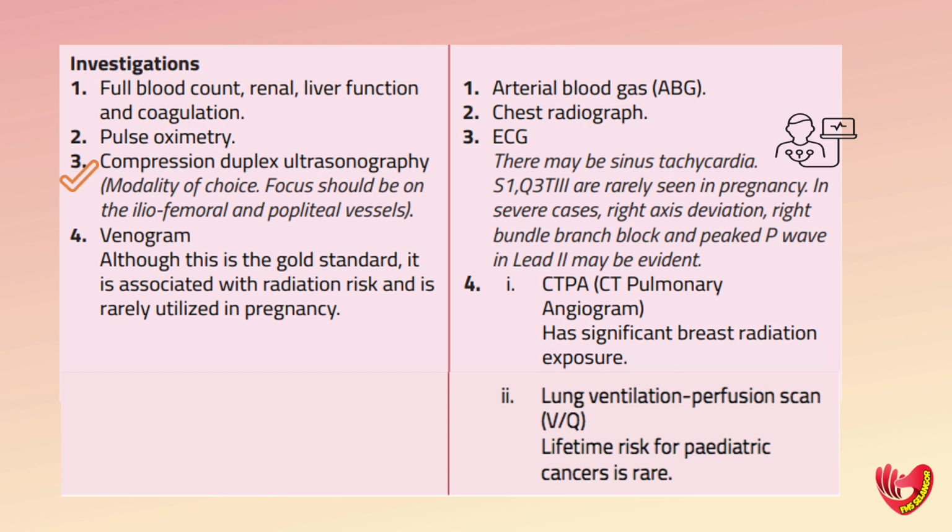In severe cases, right axis deviation, right bundle branch block, and peaked P wave in lead 2 may be evident. The gold standard to diagnose pulmonary embolism is CT pulmonary angiogram or lung ventilation perfusion scan. Both involve very low dose of ionizing radiation, but the benefits of performing this test far outweigh the risks.